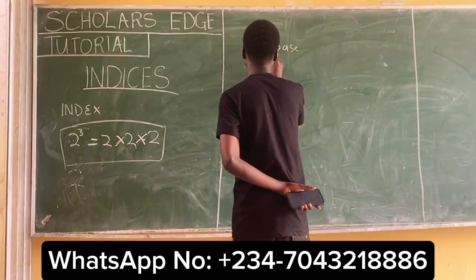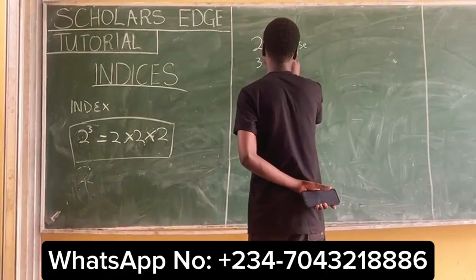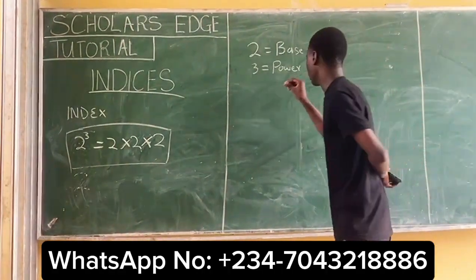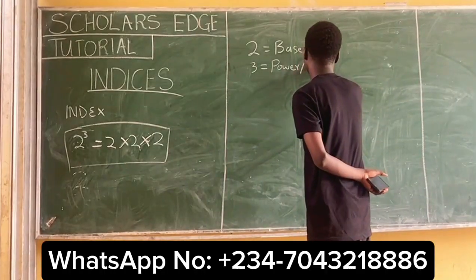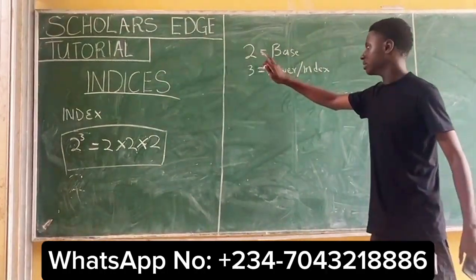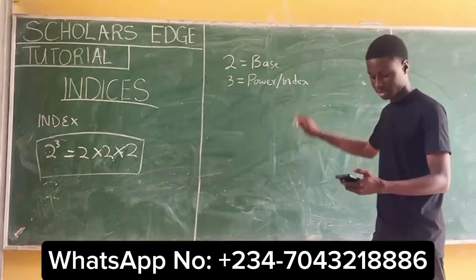You can call it the index or power. So 2 is the base and 3 is the power or index.